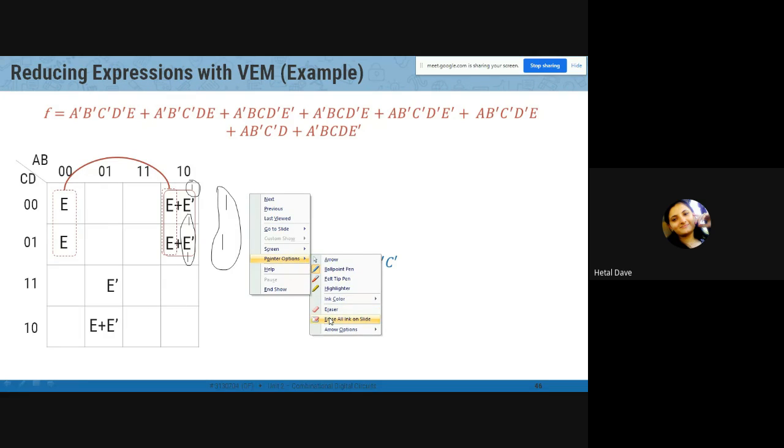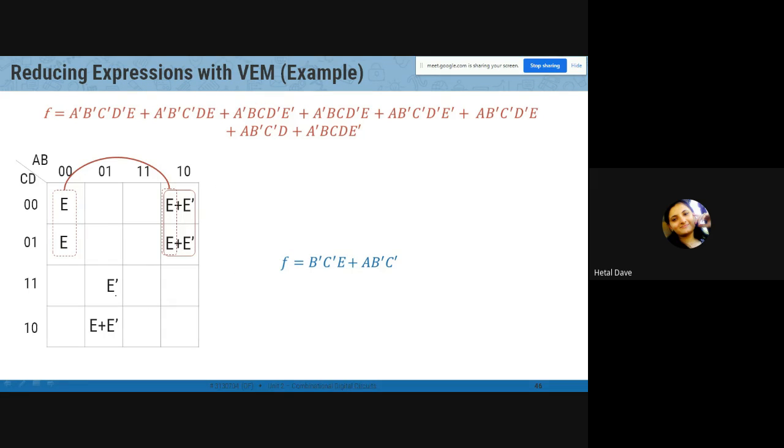Next is this E dash. E dash can be covered with E dash, and E or E bar is equal to 1. So these two groups can be made. See, E or E bar is equal to 1, so this single group is made here. The equation will be A bar, B, C, D bar.